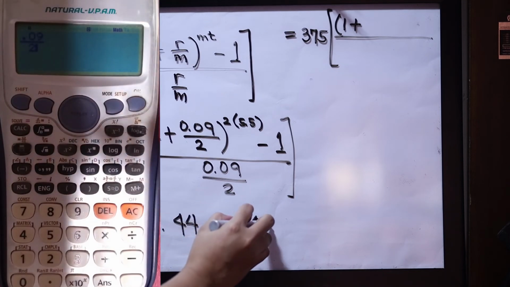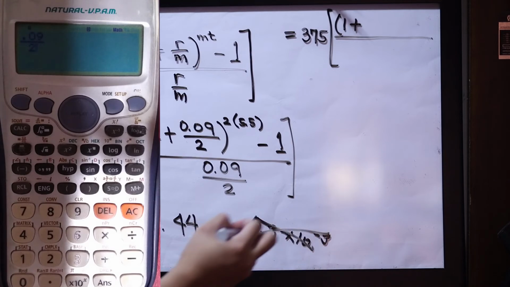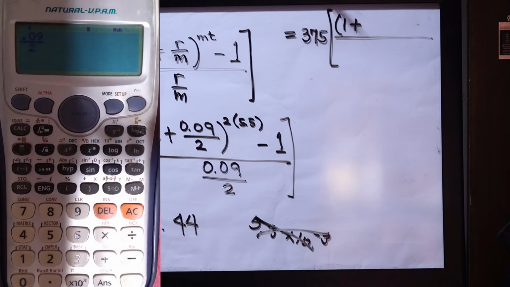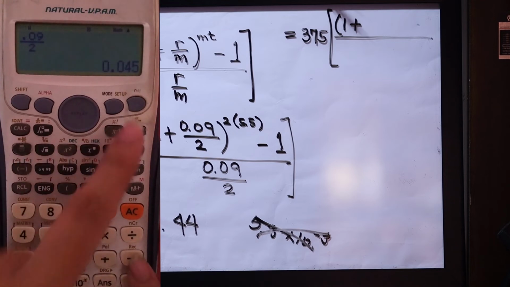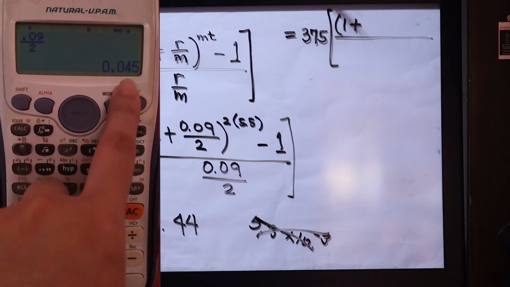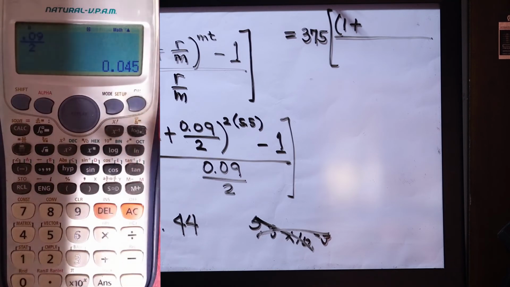Yung 5.3 times 10 raised to negative 3. Kasi pagka ganito, wag na ito yung gamitin nyo. You retain it as a fraction. Pero pagka naman, lumalabas, kumbaga hindi nagiging scientific notation, edi we use the decimal number. So, equal sign, let's see. Ayan, 0.045. So, hindi to scientific notation. We can use this one as the value for 0.09 all over 2.